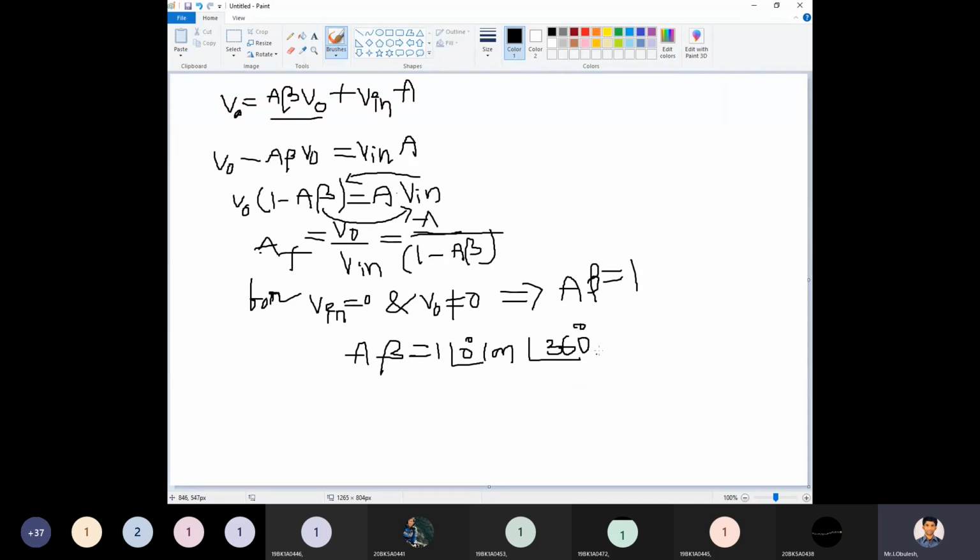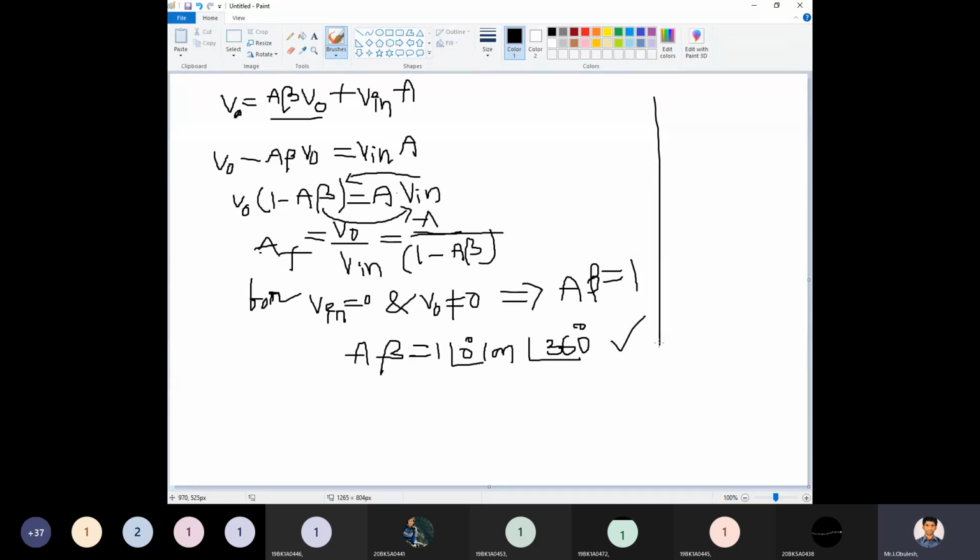This is called the Barkhausen criterion. Up to now, we need to see that A beta is equal to 1 and the angle is 0 degrees or 360 degrees. Up to now, clear?